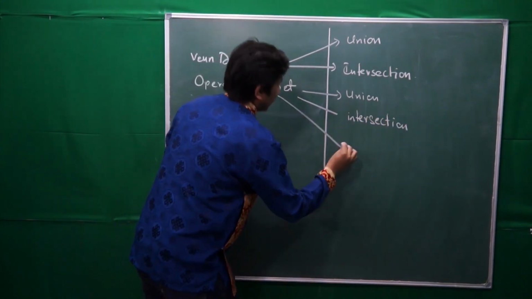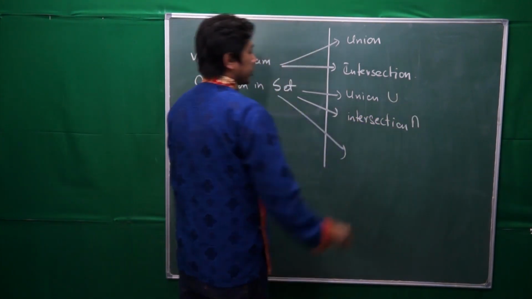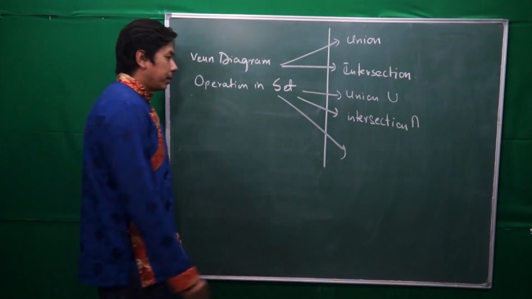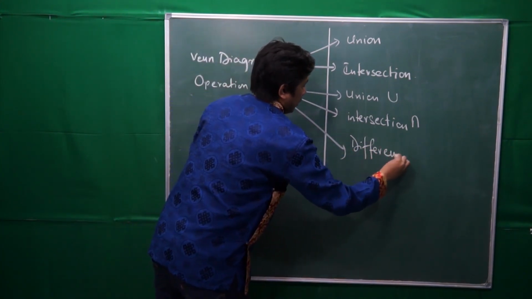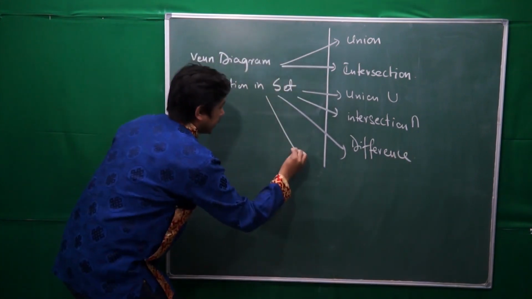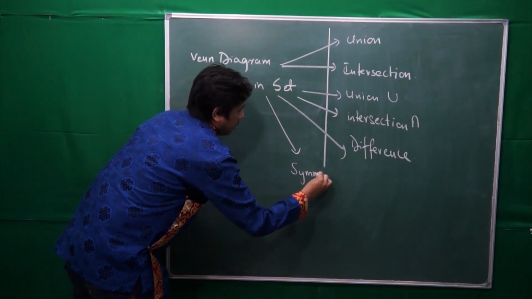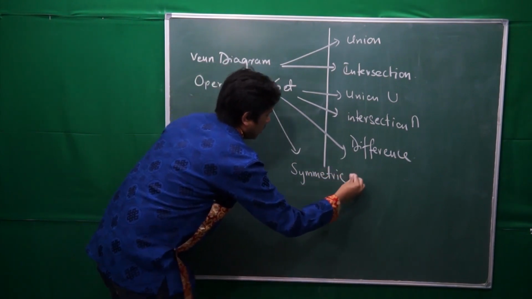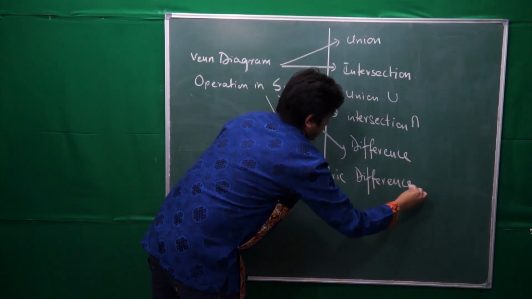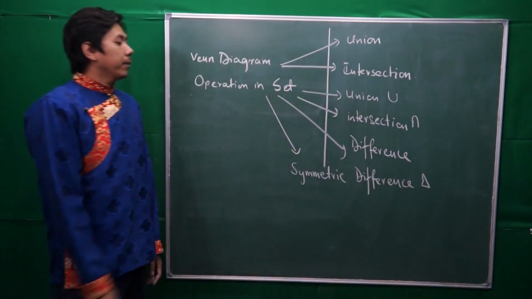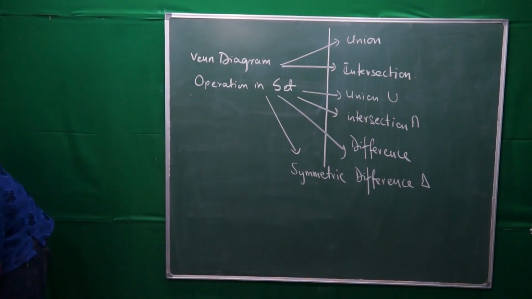What was the symbol for union? U. What was the symbol for intersection? Inverted U. And then we did difference. We also did symmetric difference. Delta. Okay, so these are the operations that we did.